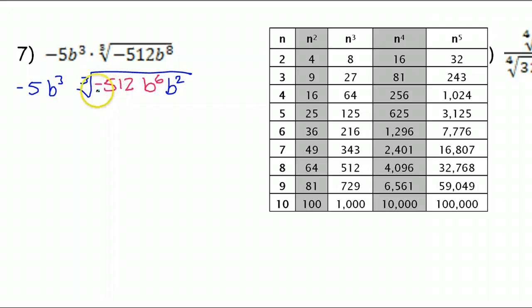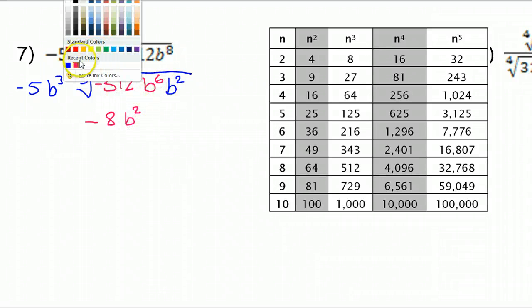So the cube root of 512 is 8. So the cube root of negative 512 is negative 8. All right, for the variable you're just dividing, so that's going to be b squared. So that's it for the pink stuff.